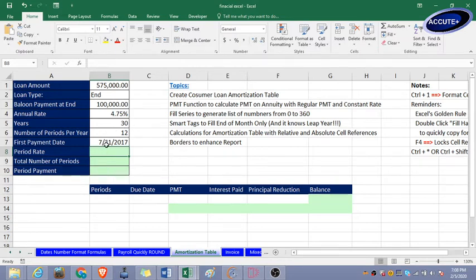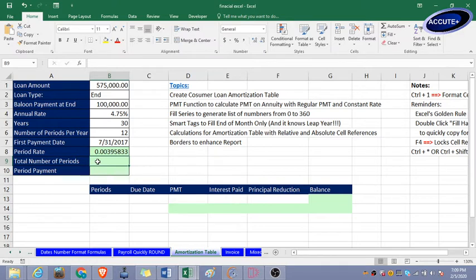To find the period rate, we say equals the annual rate divided by the number of months, or the number of periods per year, which will give us the period rate.